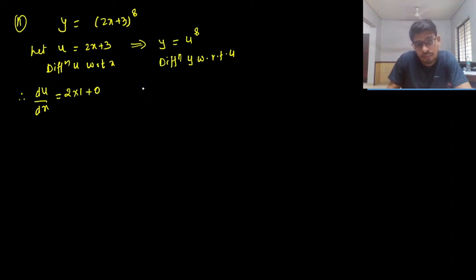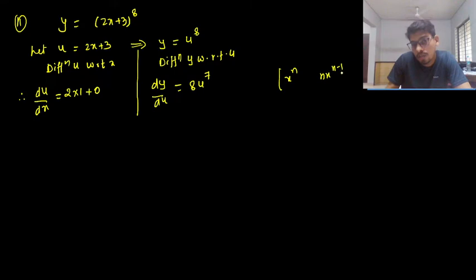And here derivative of y with respect to u will be 8 times u power 7. Here I am using the x to the n and n times x to the n minus 1 formula. On the place of x we have just u. So we got du upon dx as 2, and dy upon du as 8 u power 7.